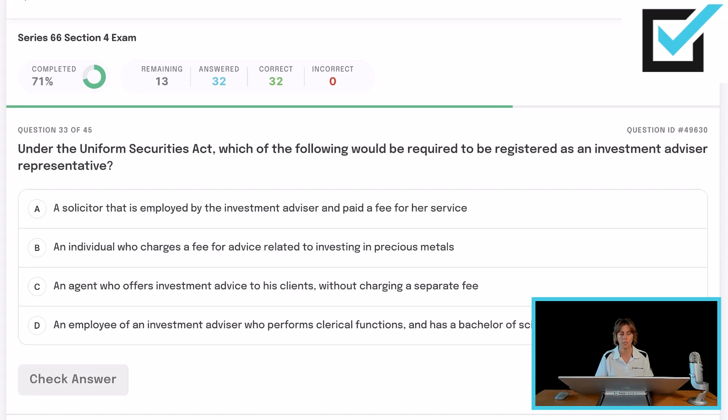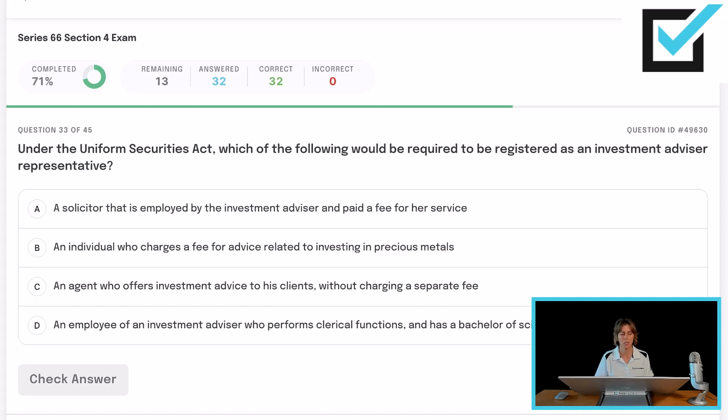Under the Uniform Securities Act, state securities law, which of the following would be required to be registered as an investment advisor representative? A solicitor that is employed by the investment advisor and paid a fee for her service. Yeah, sometimes we call these people today finders. So I think that's right, but let's check all 4.